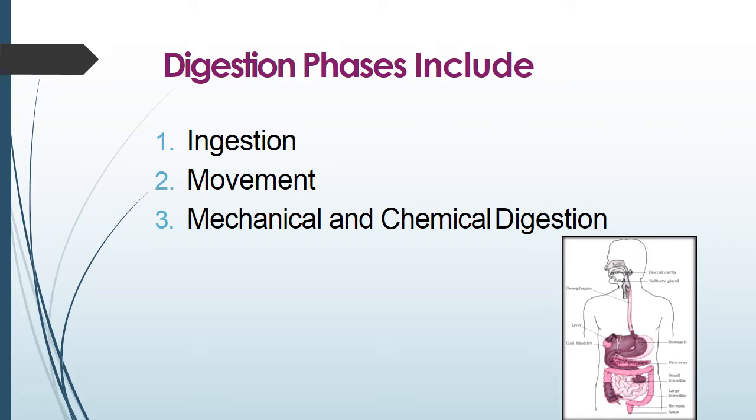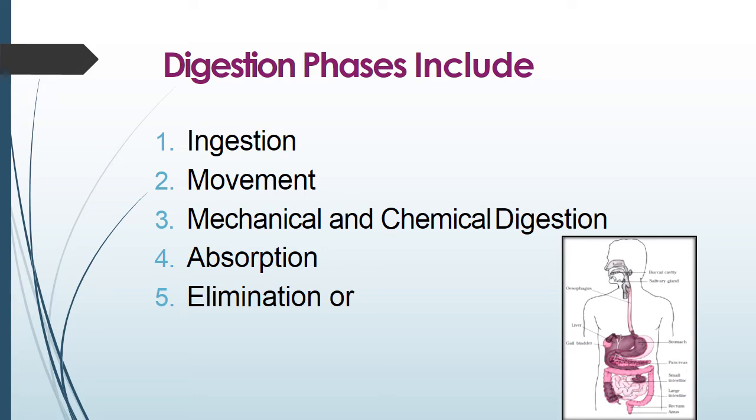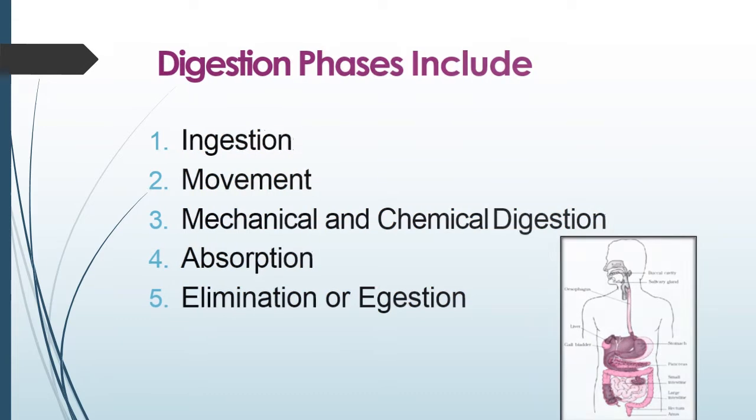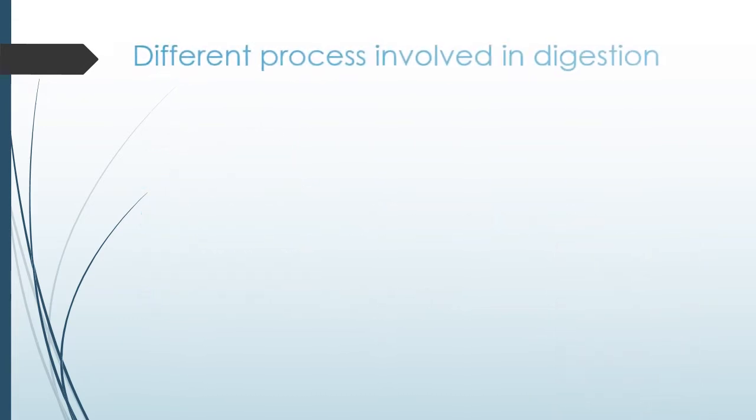In your book it is written as ingestion, movement, mechanical and chemical digestion and absorption. The absorption will be followed by elimination, that is the egestion. Now, let us learn step by step.